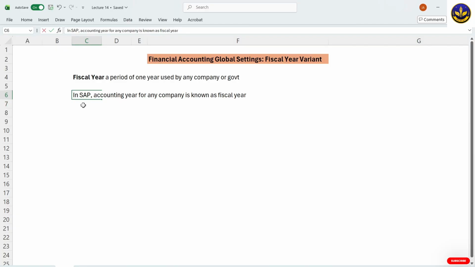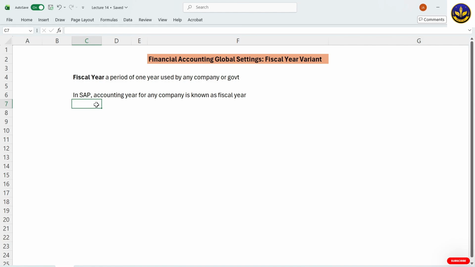And we all know in a year we have the months. In SAP we do not call them months, but we know these months by the name of periods. These are not particularly months, but these are equivalent to the months. We will see how these differ from the month in this particular session.